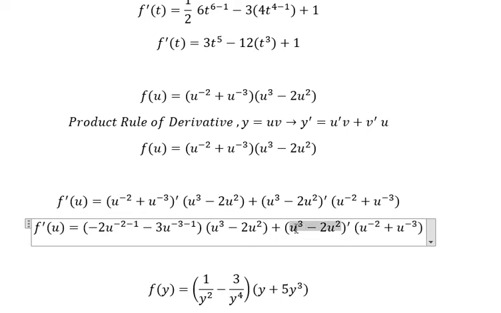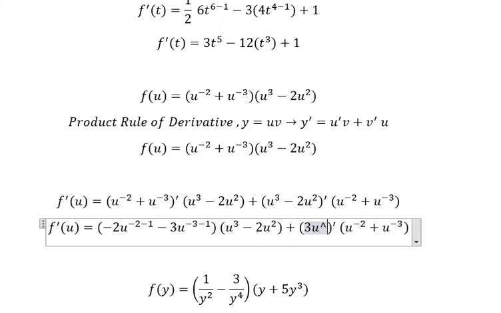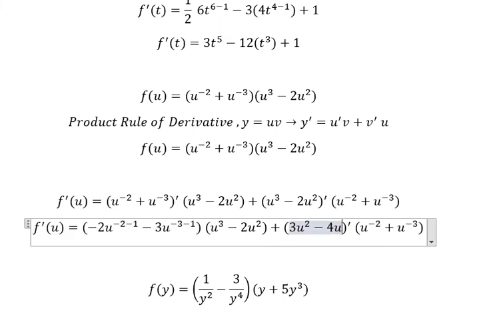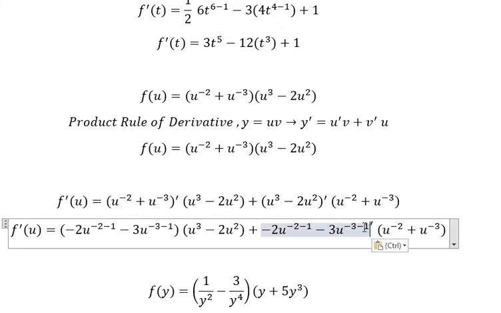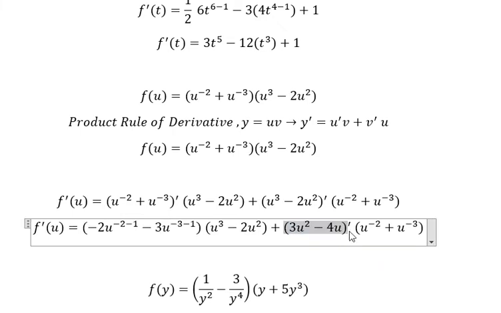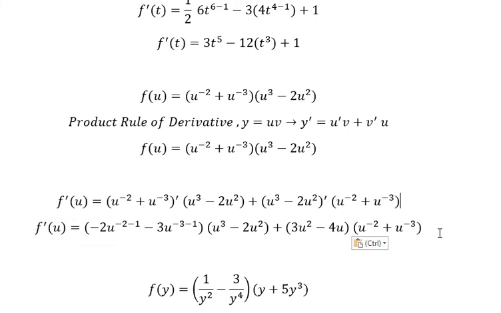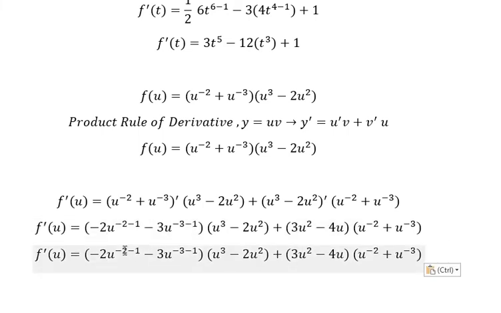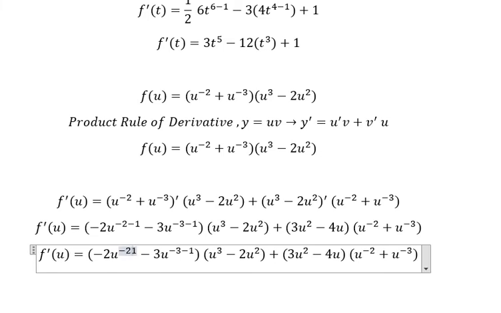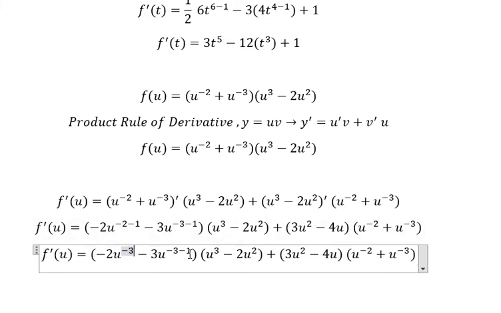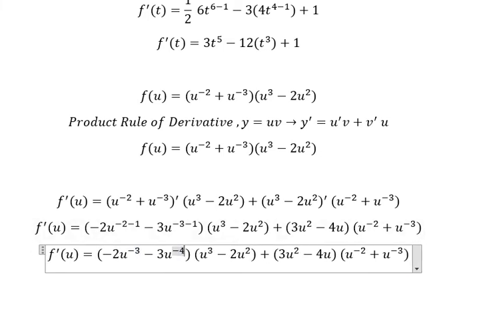This one similar, we have 3u squared minus 4u. And now this one is about negative number 3. This one is about negative number 4. And that is the final answer.